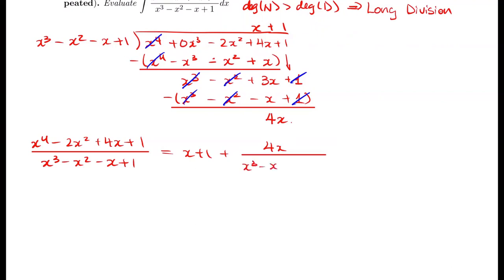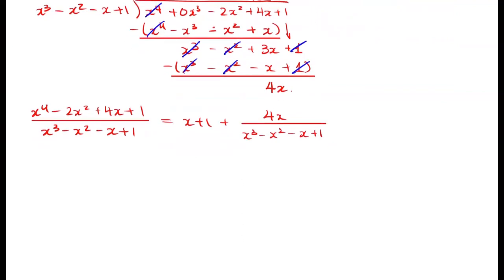So x cubed minus x squared minus x plus 1. All right. So now we want to be working with this term here. So this is the one we're going to be working with.